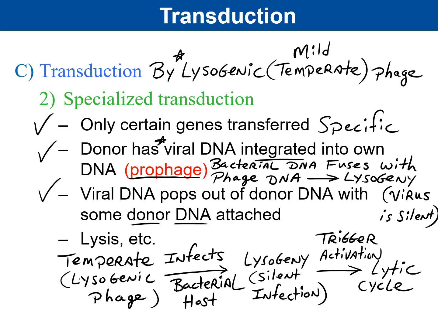So the viral DNA, as it pops out, takes a little bit of the neighboring bacterial DNA. And so this can transfer very specific genes depending on where the viral DNA was inserted.